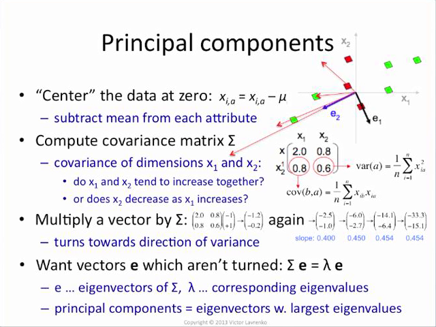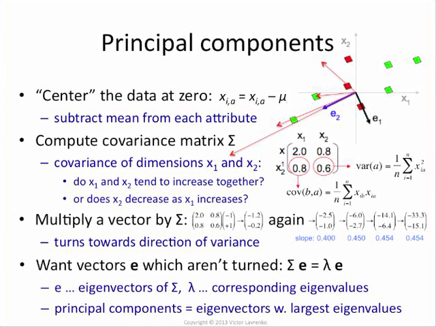The vector E2, if I multiply it by the covariance matrix, is not going to turn. It's just going to get longer and longer, but it's going to keep pointing in the same direction. That's what is encoded by this equation: the covariance matrix times a vector is going to be that same vector multiplied by some scalar. It's going to get longer, or it might get shorter, but it's not going to change direction.